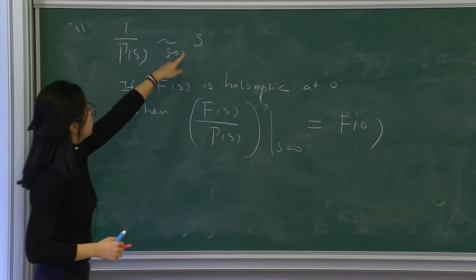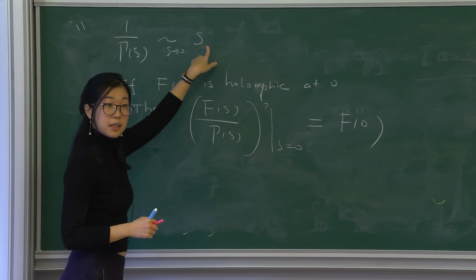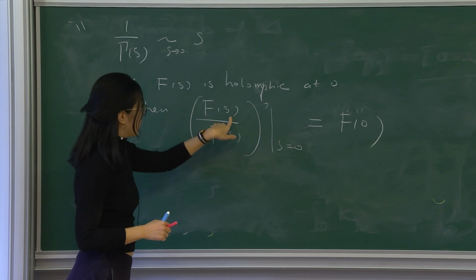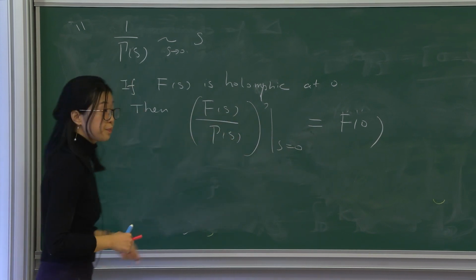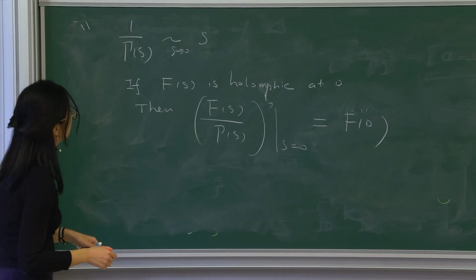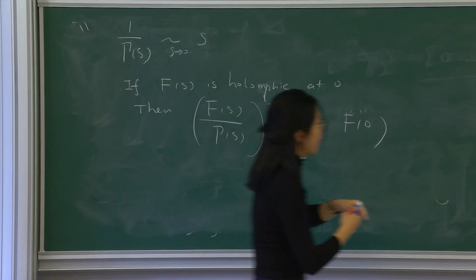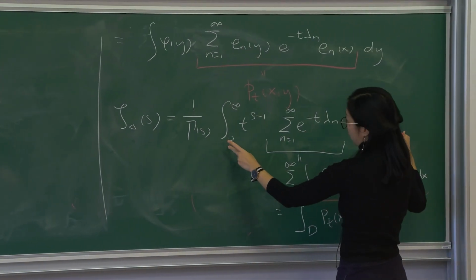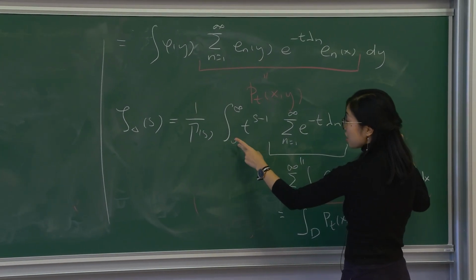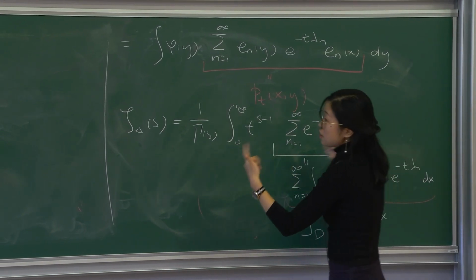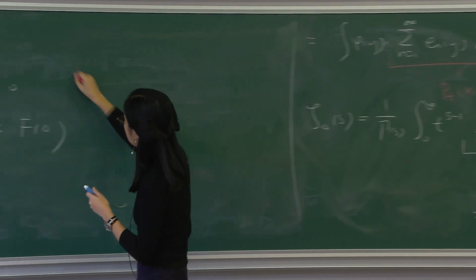If I have s multiplied by some holomorphic function and take its derivative at 0, I only pick up the constant term of the thing multiplied on. Here my zeta function is 1 over gamma of s times something which depends on s and is actually not holomorphic at s equal to 0. But let's just assume it is.